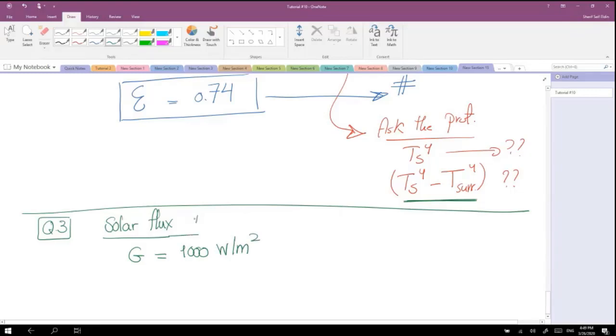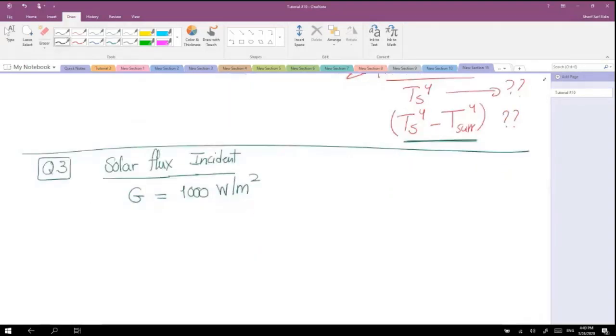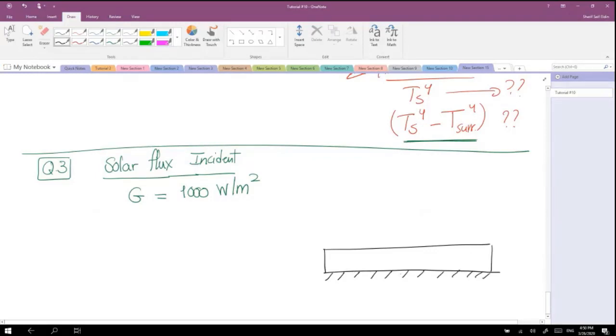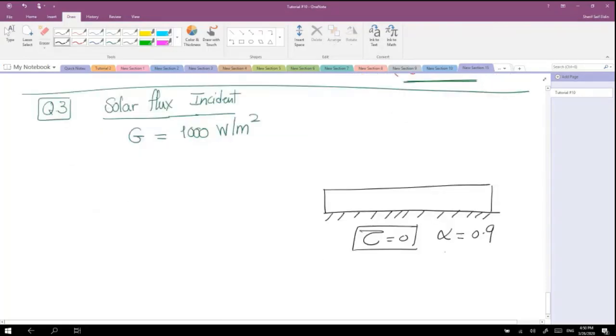And you are given a flat plate that is insulated from the bottom side. When it says it is insulated, tau, the transmittance, is equal to 0, and you are given alpha 0.9 and the emittance is 0.2.